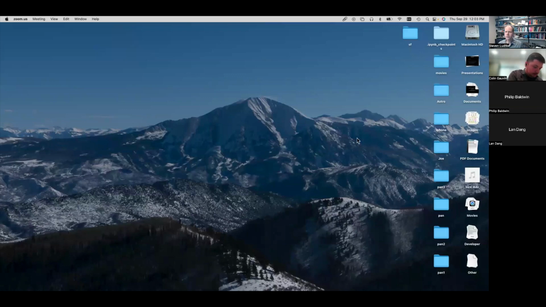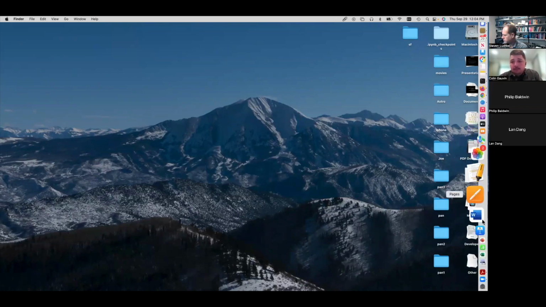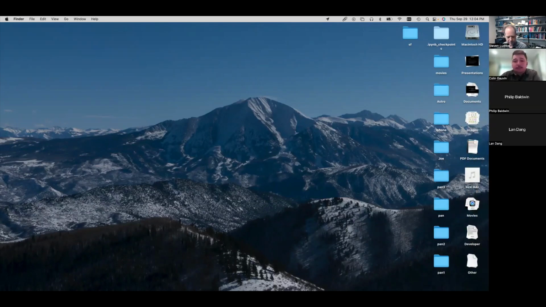Let's see, which screen am I sharing? Do you see mountains? Yes. Okay, good. I'm sharing the right screen, I guess, then.